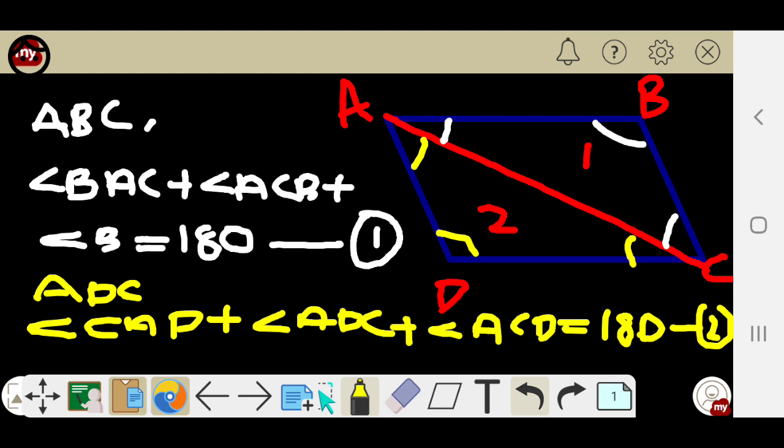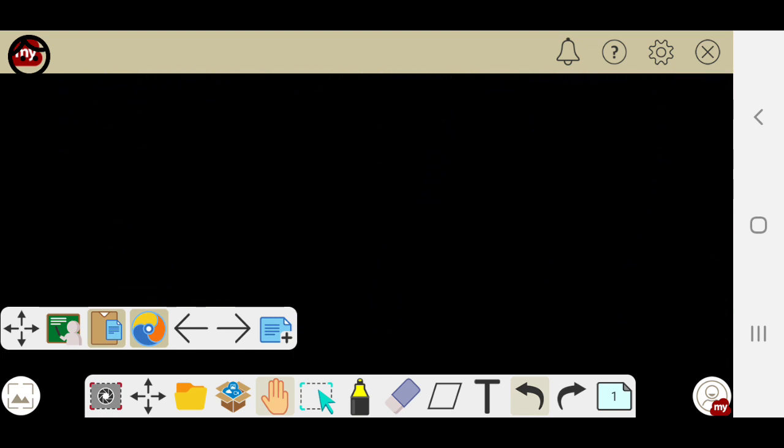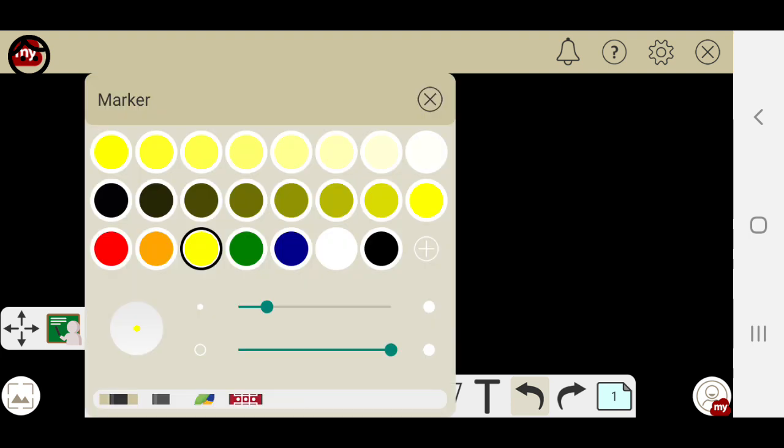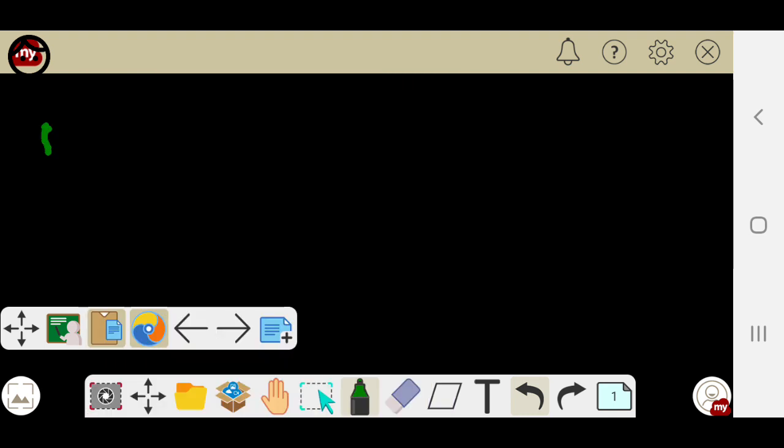Then add equation 1 and 2. While adding two equations, you have to add the LHS of the first equation and the LHS of the second equation.